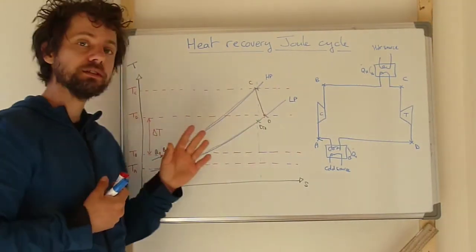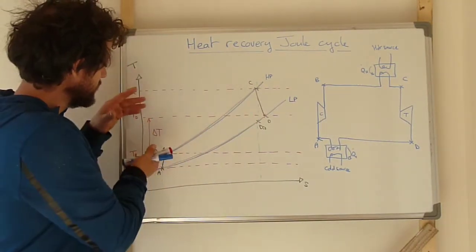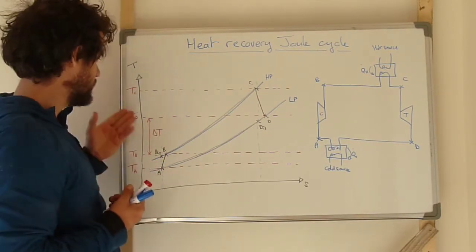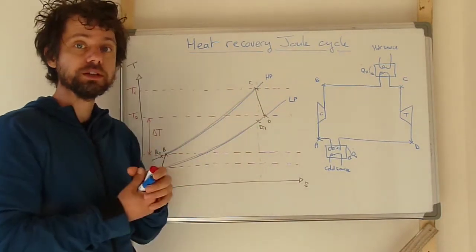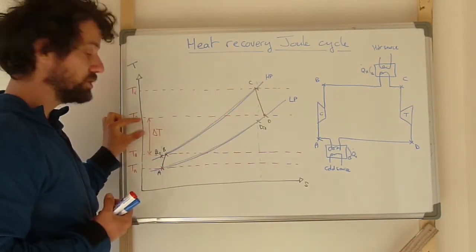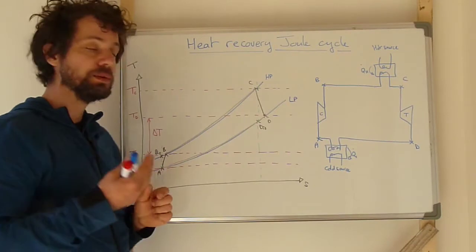So increasing the pressure ratio will tend to decrease this difference of temperature available between point B and D, and after some pressure ratio, this temperature difference can even become negative.